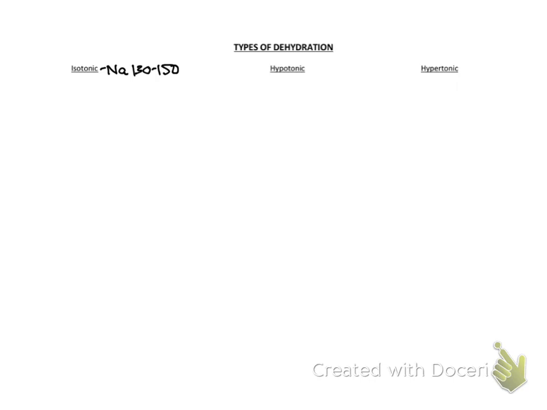So if their sodium is normal, 130-ish to 150, that means that we're losing electrolytes and water at the same time. So I don't have fluid shifting. I don't have osmosis happening. So I'm just losing fluid and I need to replace fluid.